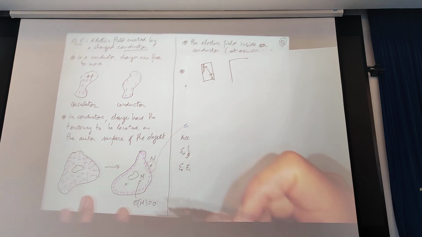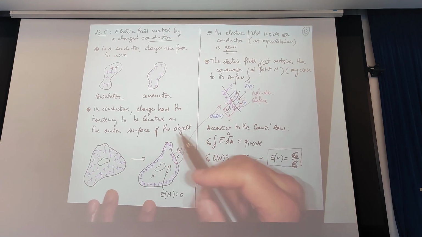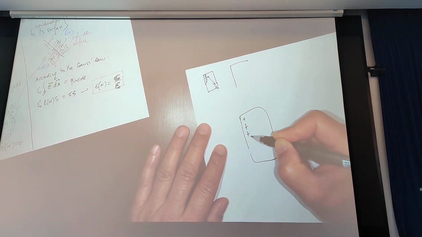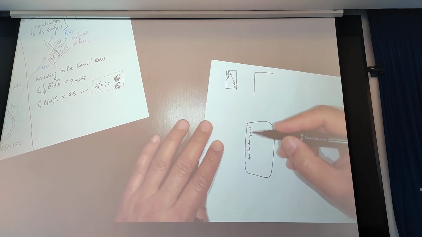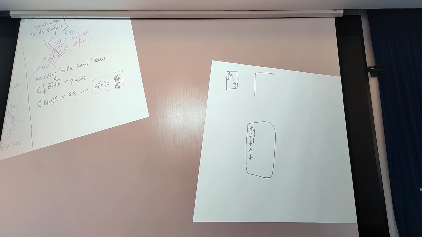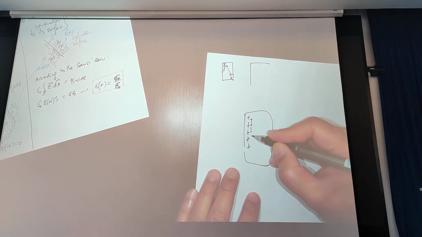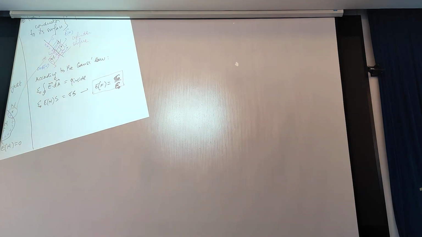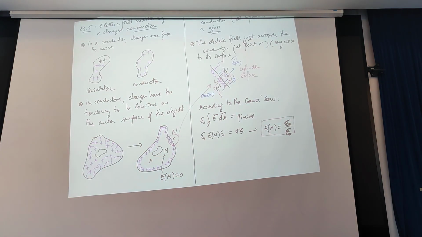The question is, if you have an object like this with plenty of charge, you want to ask me if the distance between these charges is specific? No, we don't know, it depends on the charge. But we just know that the distances are the largest possible. Okay, thank you for your question.